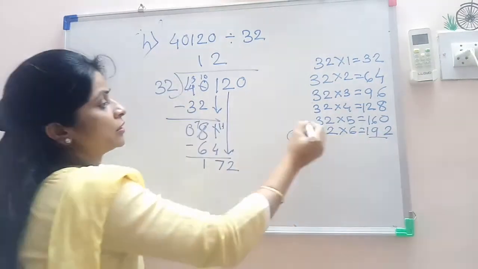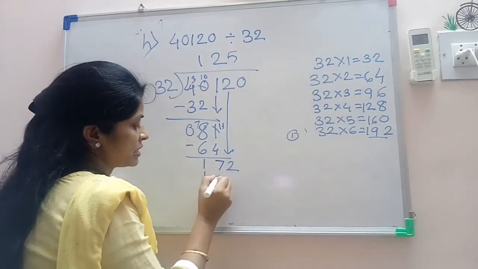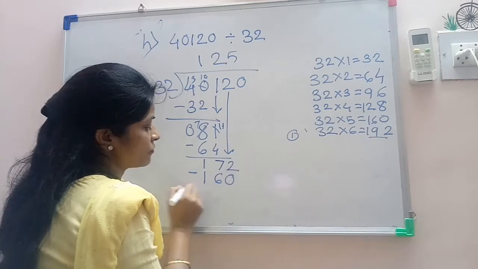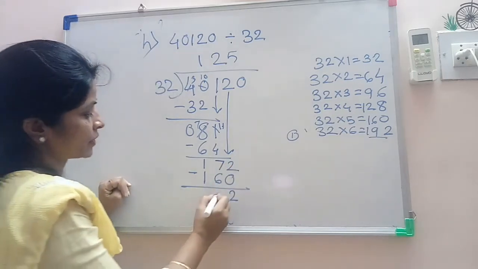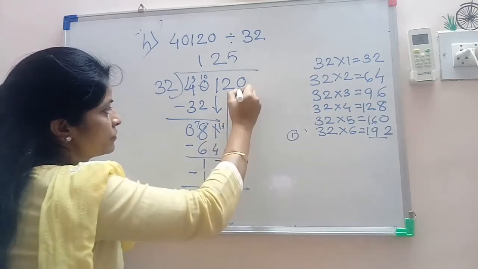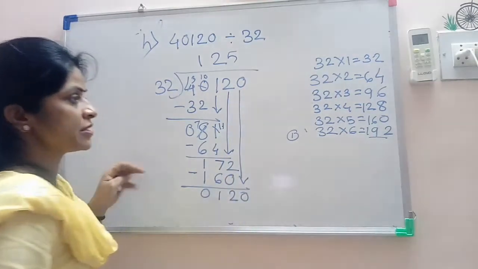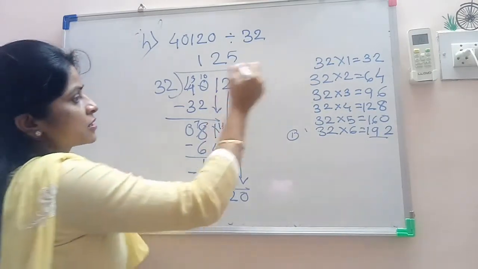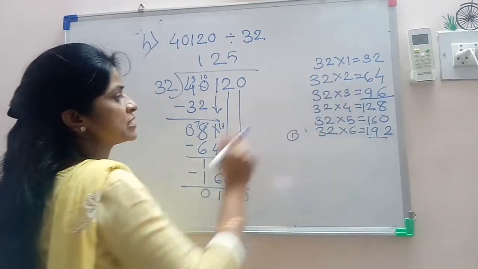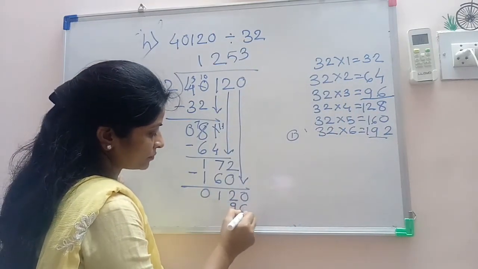So we will take 32 fives are 160. Now we will subtract it. That becomes 2, 1, 0. Now we will take the next number down, that is 0. Now we will see, is it there in the table? No. Less than that is 32 threes are 96.